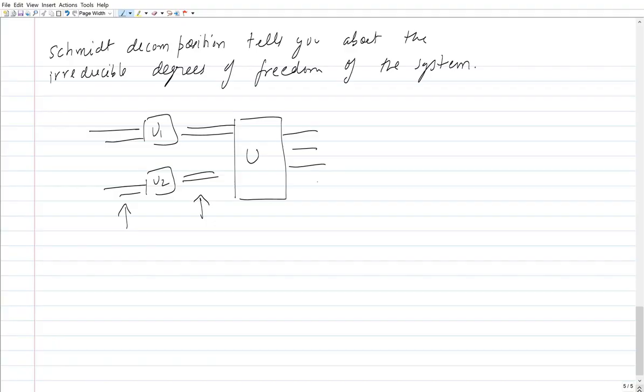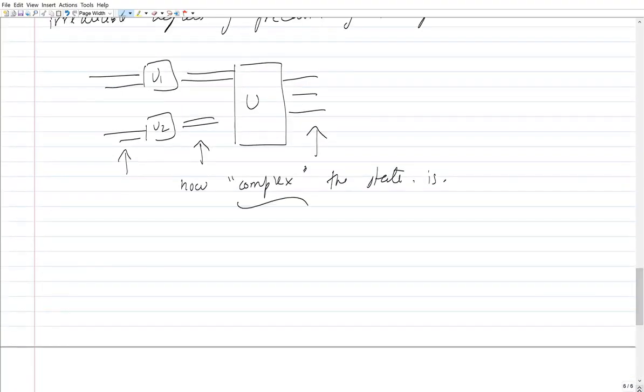At each stage of this quantum operation, one can quantify how complex the state is, or what's the Schmidt number. And the way to see that sort of a complexity is to calculate the Schmidt number, or the entanglement, in other words, of the states.